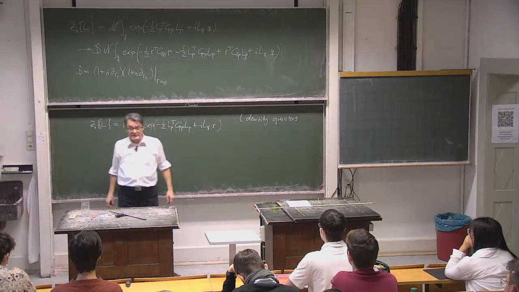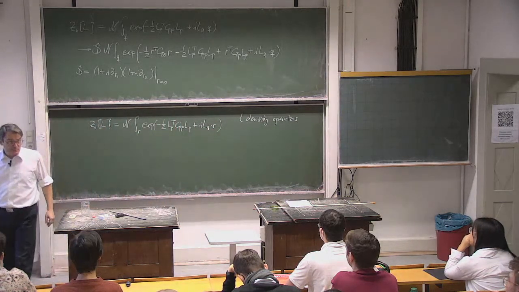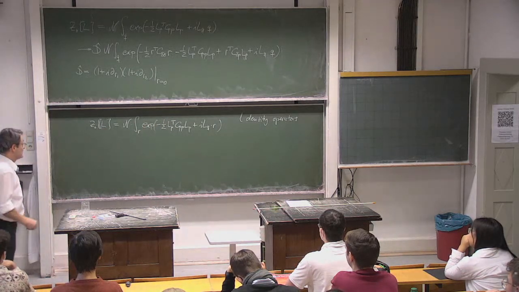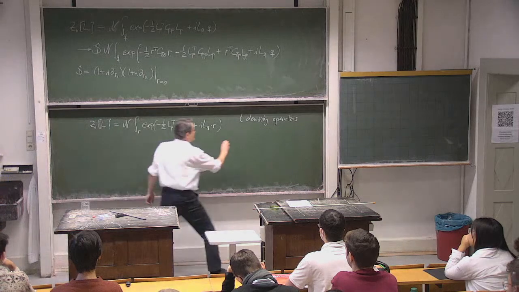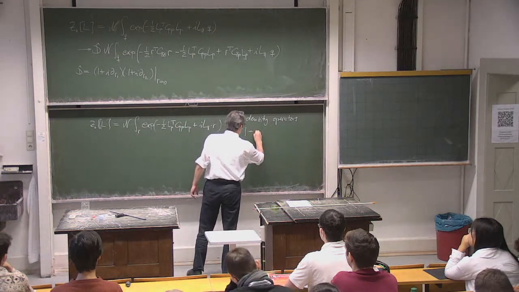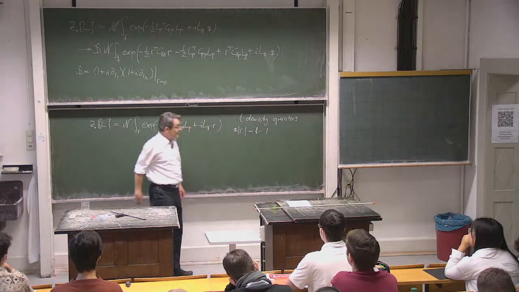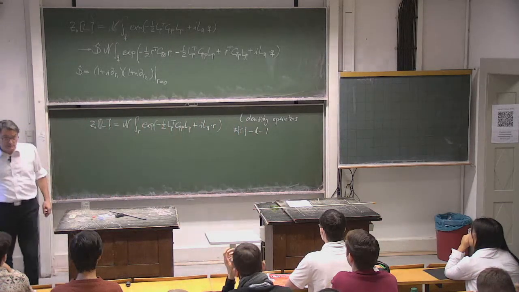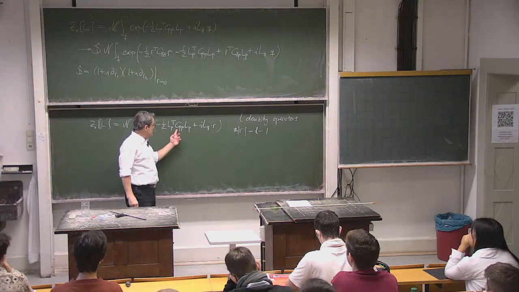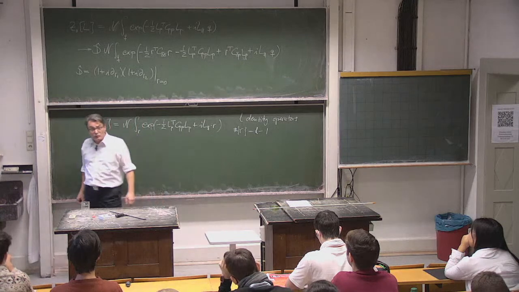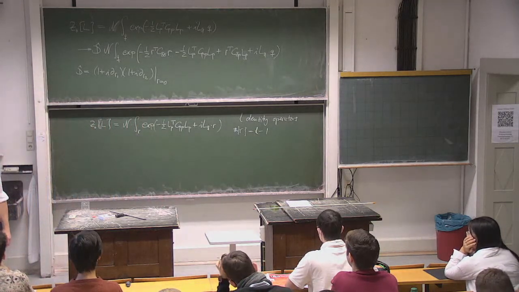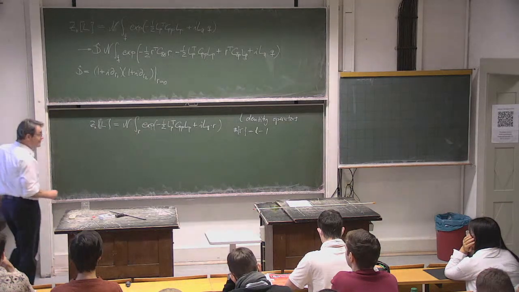Then these R's here are L minus 1 relative coordinates. So there are L minus 1 relative coordinates. But this covariance matrix here contains all pairs of relative particle coordinates. And these are, of course, very many more.